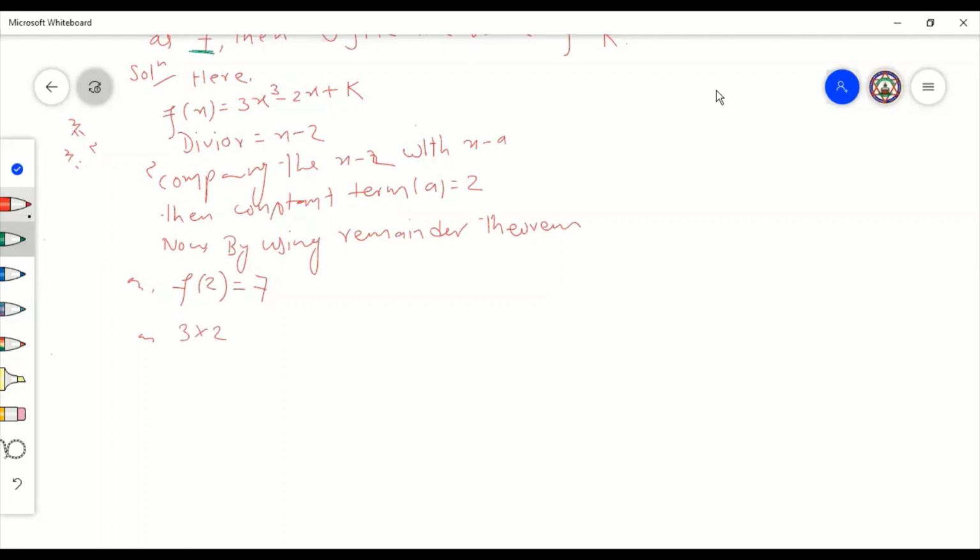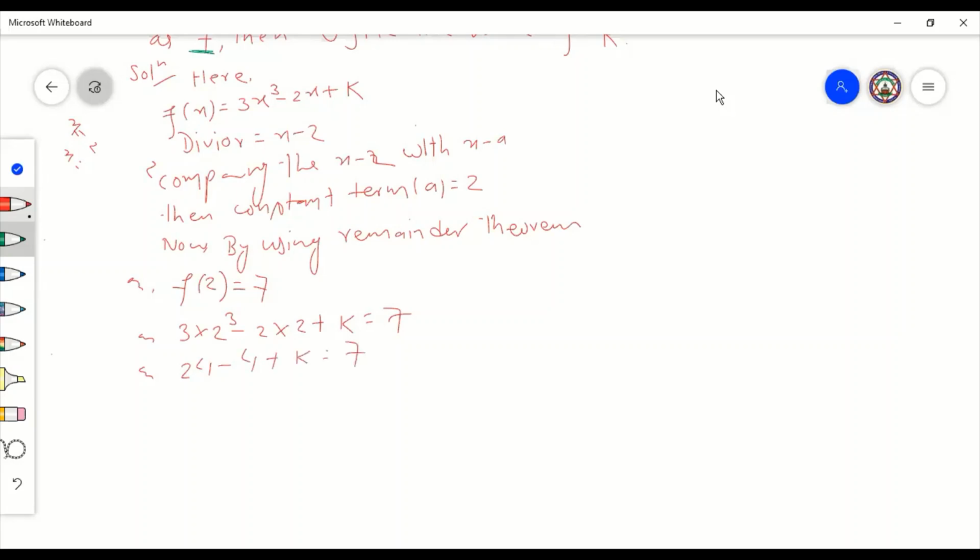We can write 3 into 2 cube minus 2 into 2 into 2, plus k, and that will be equal to 7. So now after that, here we can write that is 24, now minus that is 4, plus k equals 7.